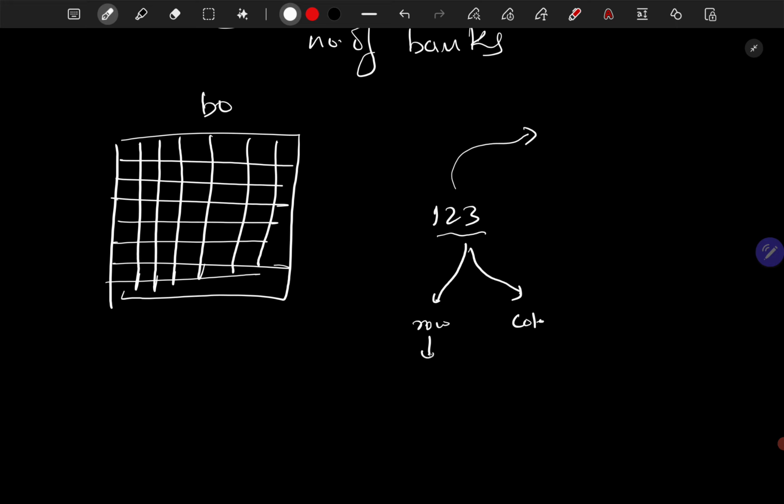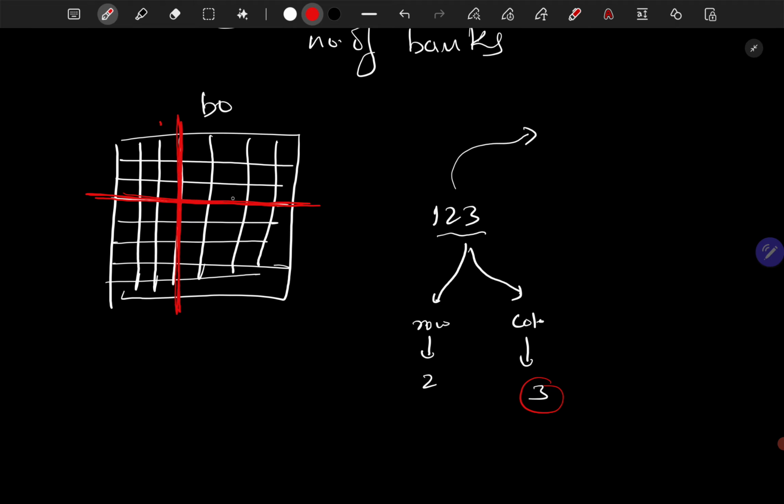Let's say my row number was second and my column number was third. Inside this bank I will activate this particular row, and then I will activate the third column.